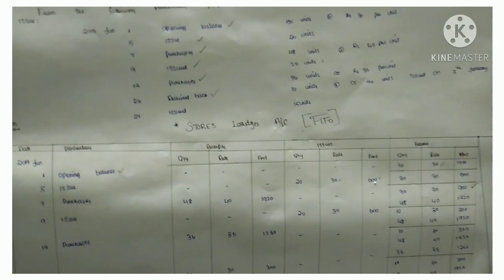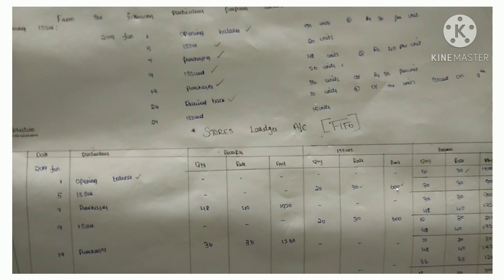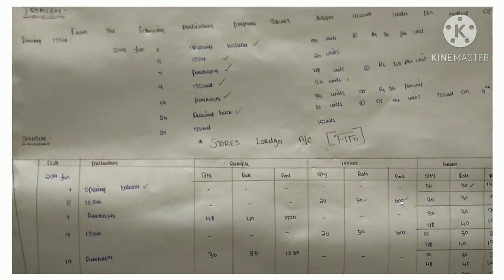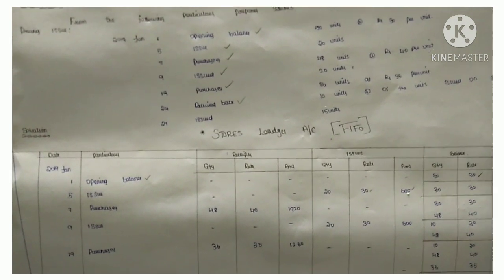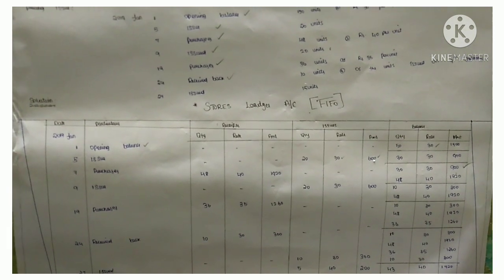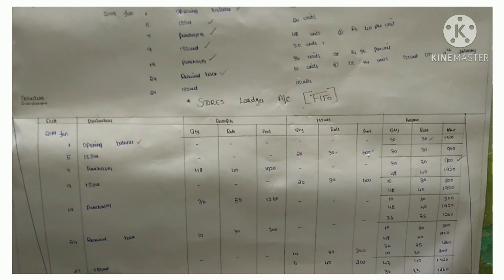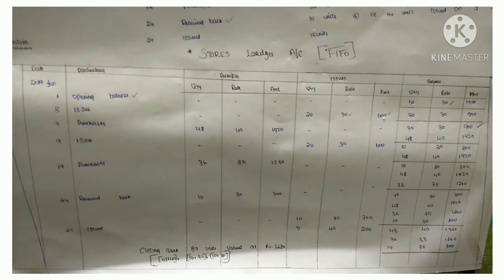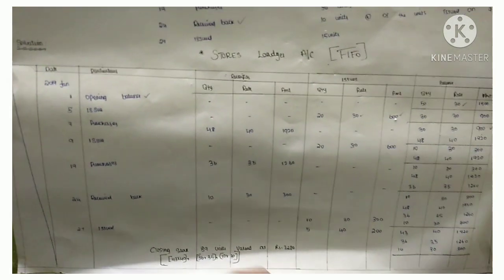Okay, Jan 24, received back 10 units of the units issued on 9th January. The units issued on 9th January were 20 units. Of those 20 units, they received back 10 because of defective goods, damaged goods, or something else. They returned them to the company or firm. Received back means they received the goods. This is entered in the receipt column of the stores ledger account.